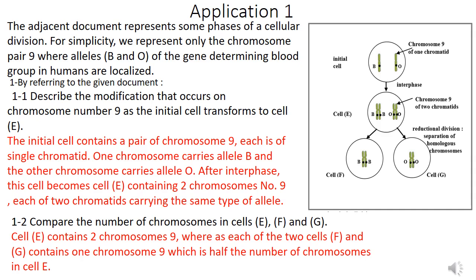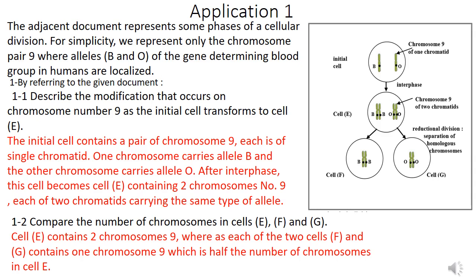One chromosome carries the allele B and the other chromosome carries the allele O. After interphase, the cell becomes cell E, containing 2 chromosomes number 9, each of 2 chromatids, carrying the same type of allele, BB on the first chromosome, OO on the second chromosome.